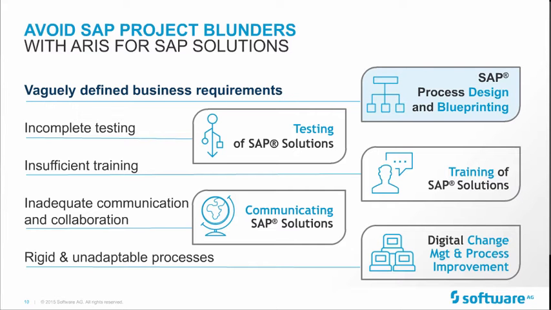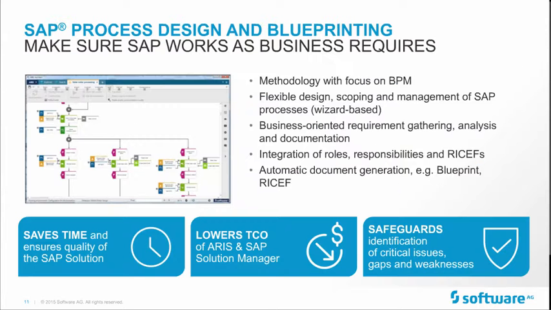So, starting with the process design, the definition of business requirements. When we talk about SAP process design and blueprinting, basically what you need is business processes, and you need business processes that are SAP related. That's the base. If you have these two, then you already have a good chance to be on the right way. When I say processes, that's easy. You can define your processes in different formats in the ARIS database, but you need to make them SAP related, because it's nice to define a process.